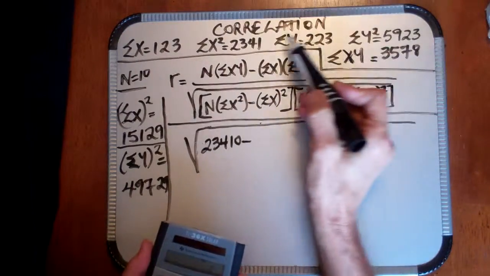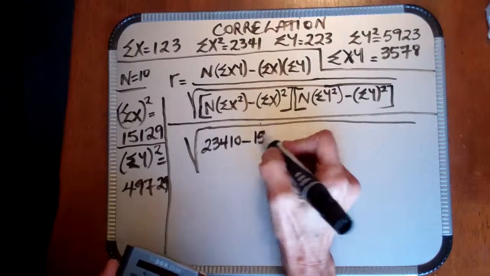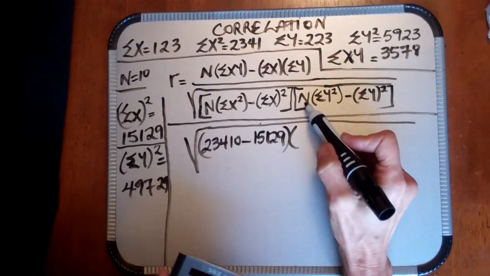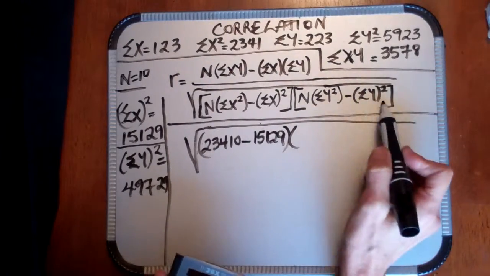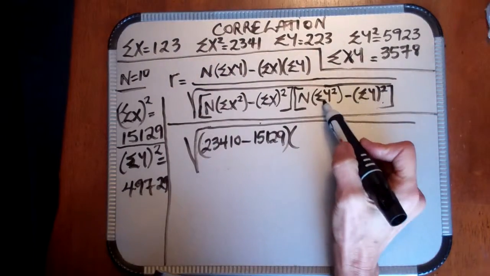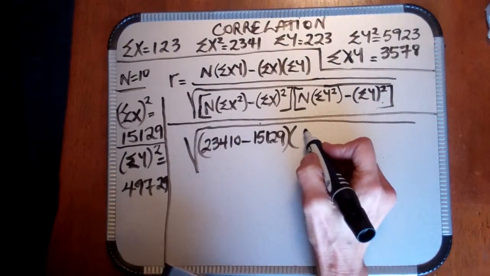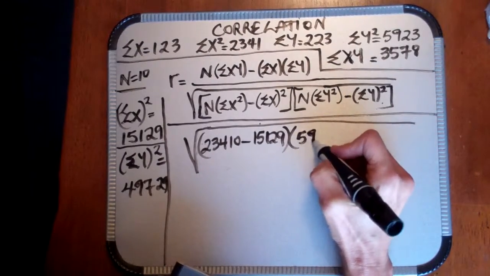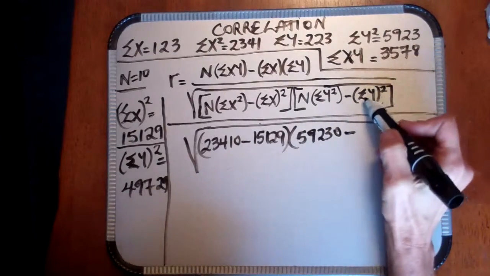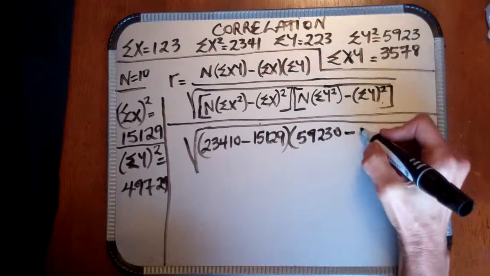Minus the sum of the x's squared, and that's 15,129. And then we're going to take this times the same thing we're going to do with the y-scores, right? So this is n, 10, times the sum of the y-squares, so we know that that's 59,230 minus the sum of the y's squared, which is 49,729.